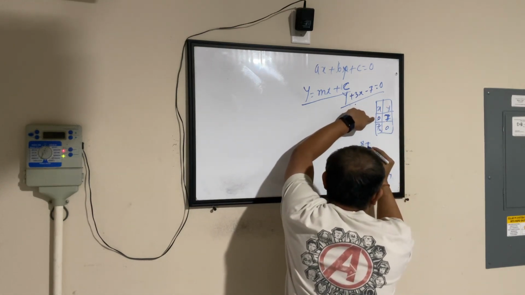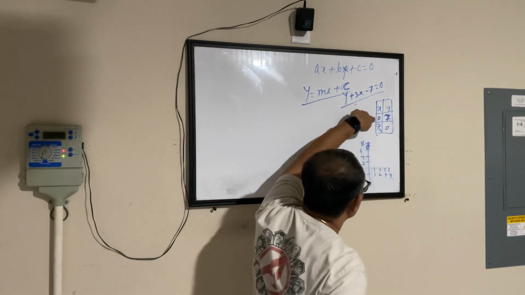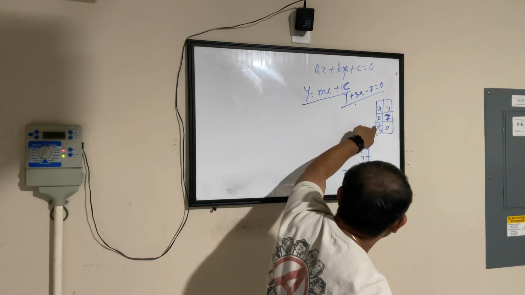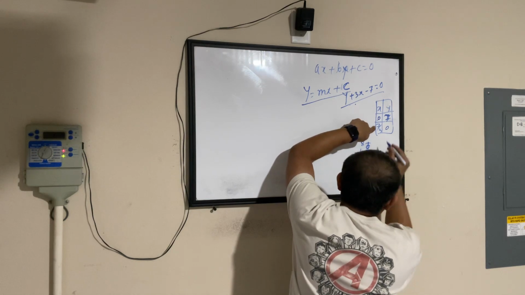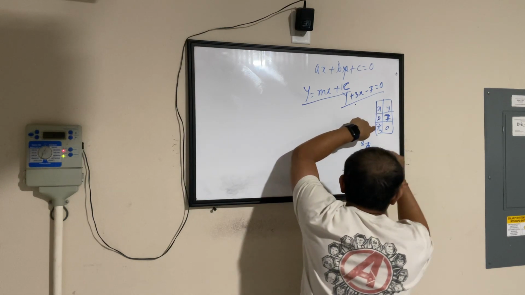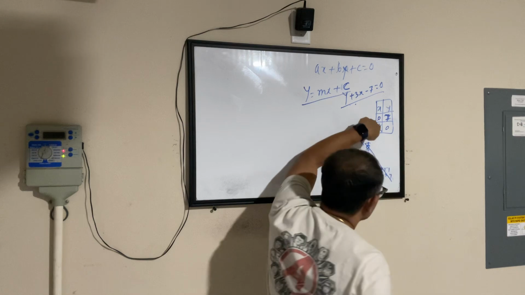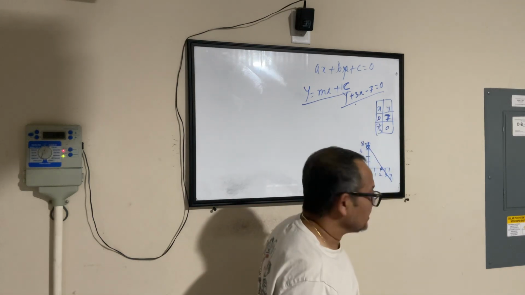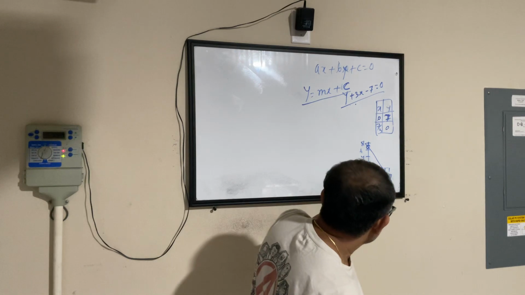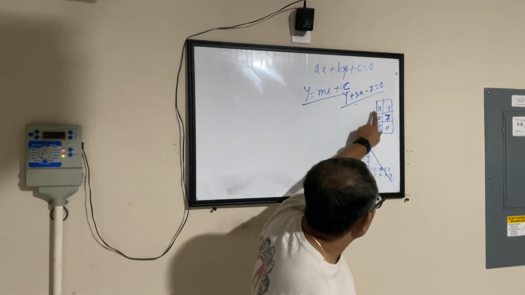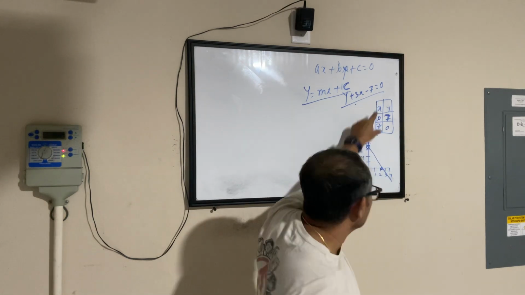So it is somewhere here. This is my first point. When x is 7 by 3, which will be a little more than 2, y is 0. So this is my second point. Join these two points and you got this line. Now, from this, if you have this information, how do you find the slope?